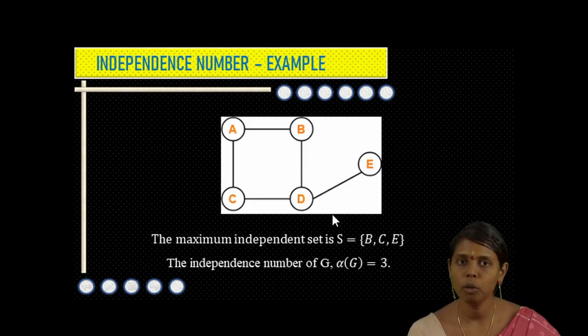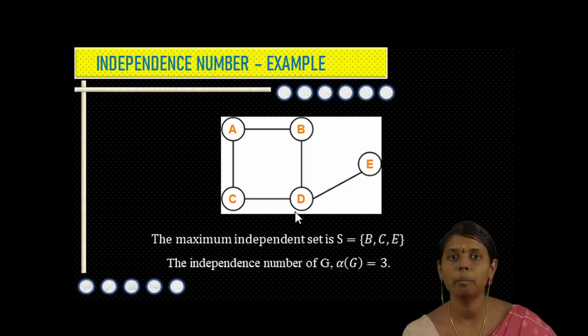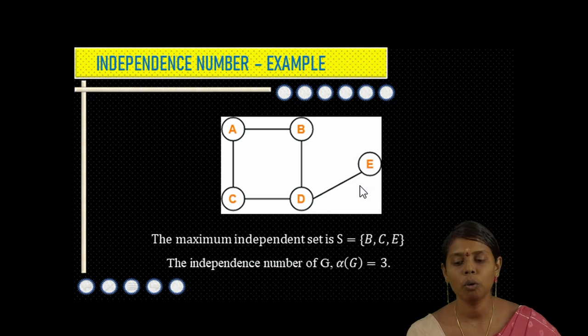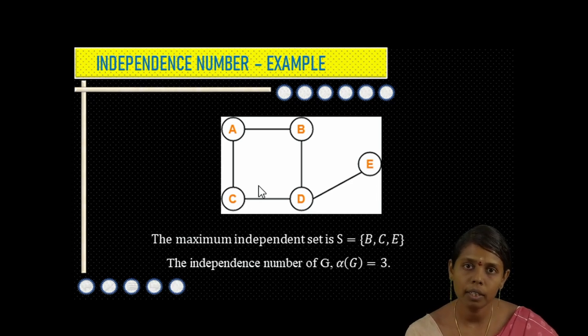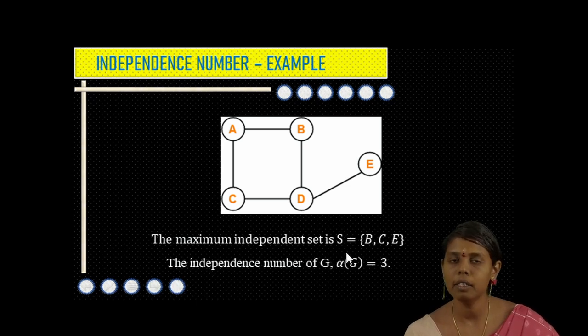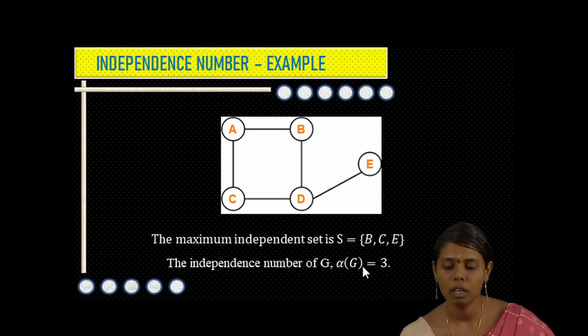So for the above considered example, the maximum independent set consists of 3 vertices B, C and E. We may see that it doesn't have any other maximum independent set. So we may conclude that the independence number of this graph is 3.